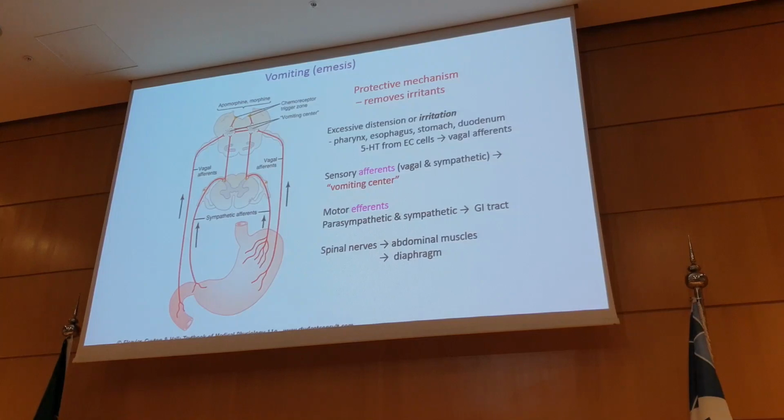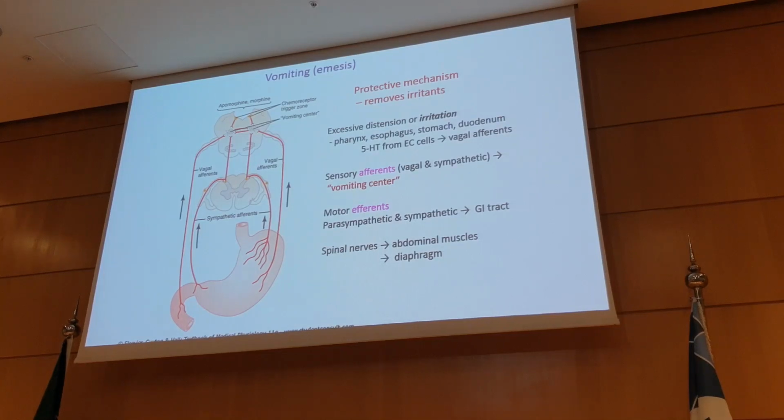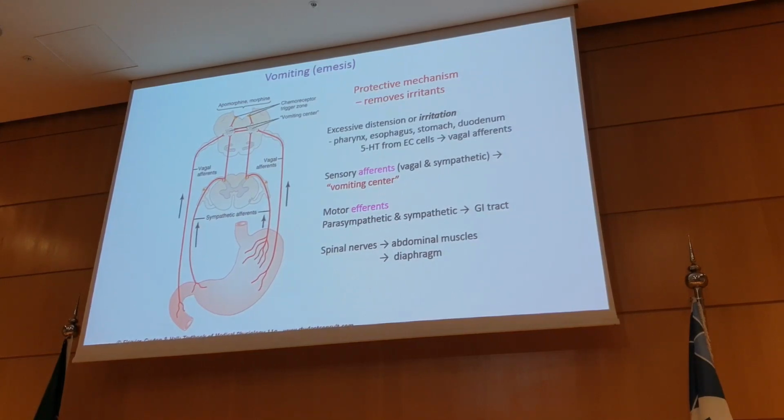That means 70 to 80% are sensing and sending a message either locally or up to the central nervous system, okay? In the sympathetic branch of the autonomic nervous system, 50% are afferent, okay?